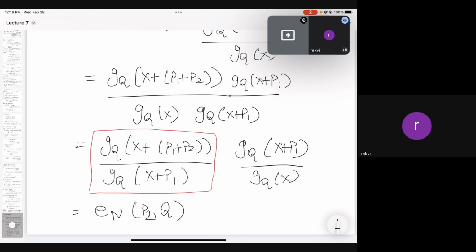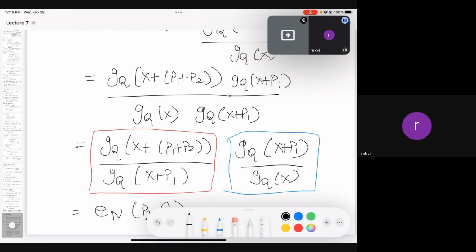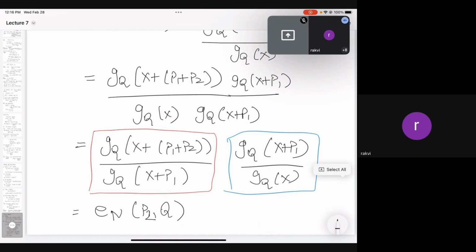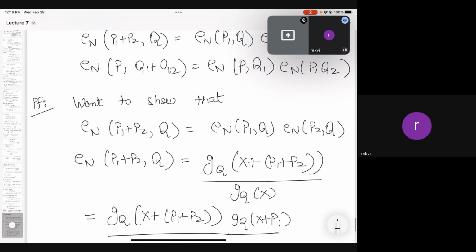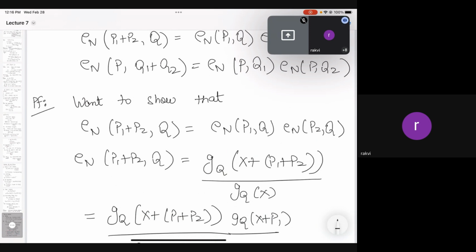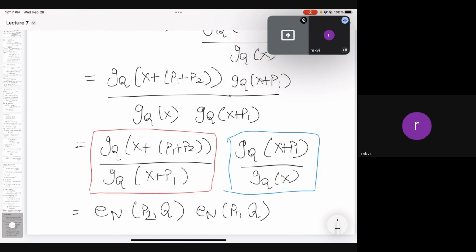And the second box is exactly how we defined En of P1, Q. So the addition basically splits like this, which is nice.